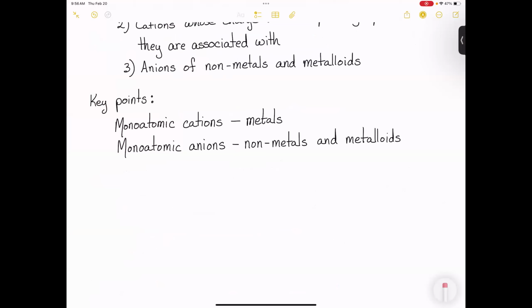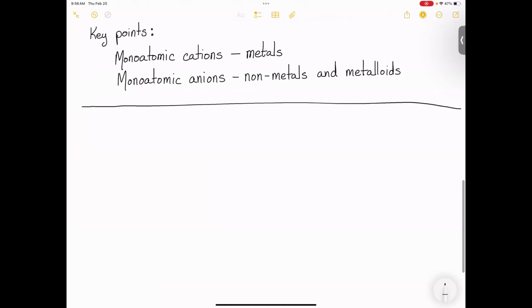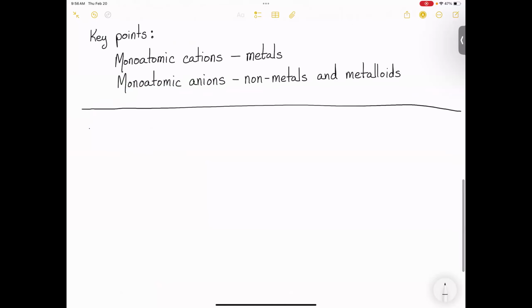Okay. So metals that form a constant charge.